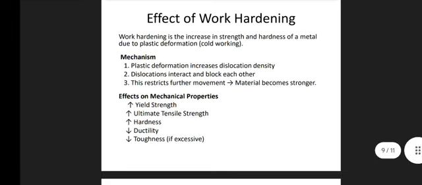The effect on mechanical properties: in the work hardening process, yield strength, ultimate strength and hardness are increased, but ductility and toughness are decreased.